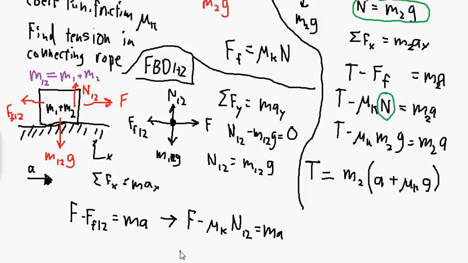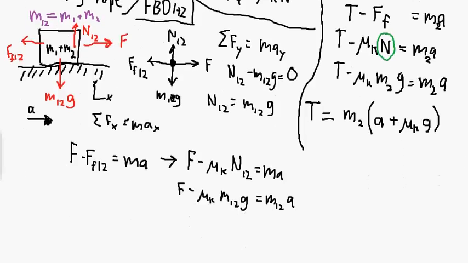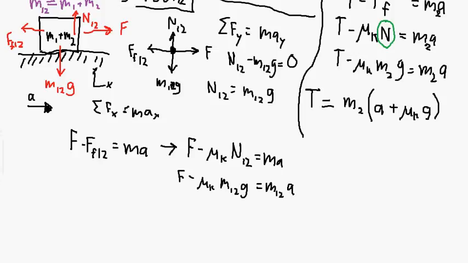Okay, and then applied force F minus mu_k times M12G equals M12 a. Hang on, fasten your seatbelts because I'm about to bring this home. All right, so we can divide by M12.